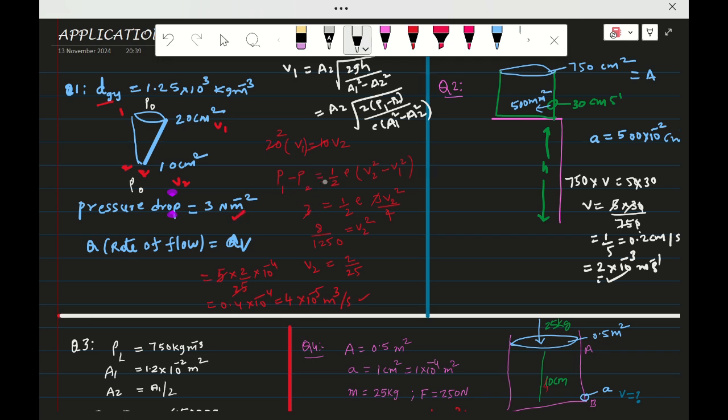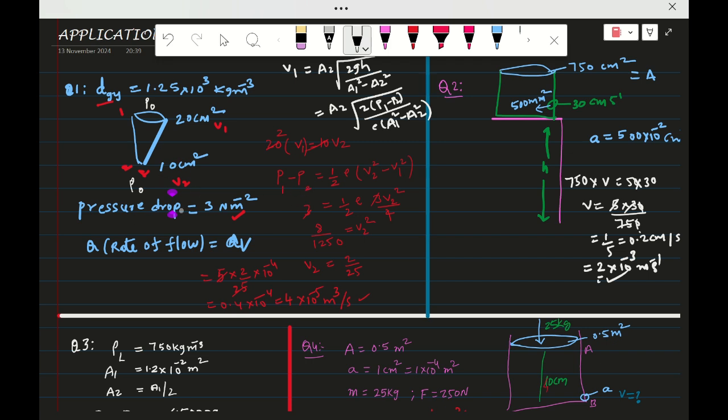So P1 minus P2 is equal to 1 by 2 rho, the change in kinetic energy, V2 square minus V1 square. You know, H1 rho g plus half rho V1 square equals H2 into rho g plus half rho into V2 square.